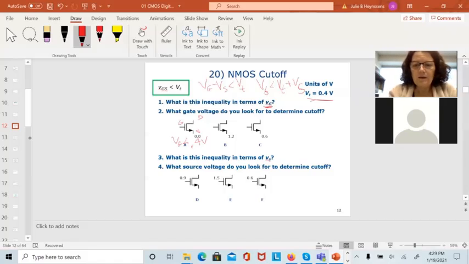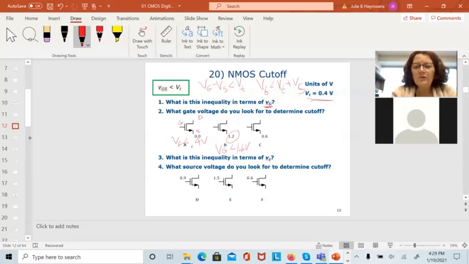For this one, I need VG less than VT plus VS. VT is 0.4, VS is 1.2. So I need VG less than 1.6 volts to keep it in cutoff. And I'm sure you could figure out C at this point. And the solutions are in the slide solution if you want a little bit more practice.